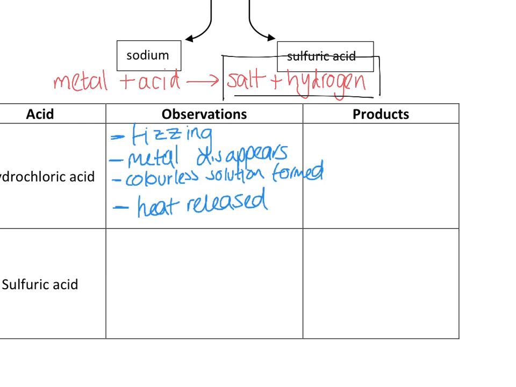Now the name of our salt depends on our metal and our acid. So we use calcium and hydrochloric acid. So the first part of the name comes from the metal, so it's going to be calcium. That's its first name. And then we used hydrochloric acid. And remember, hydrochloric changes to chloride.